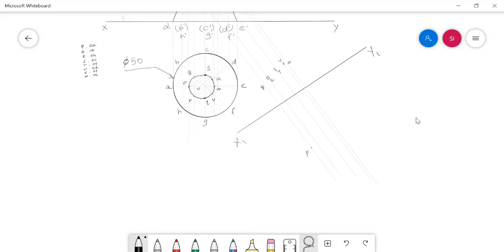This is point P. In the same way, measure the distance between the point Q and the XY line. Mark the point Q in the projector of Q. And mark R at a distance equal to the distance between the XY line and the point R with respect to x1, y1.